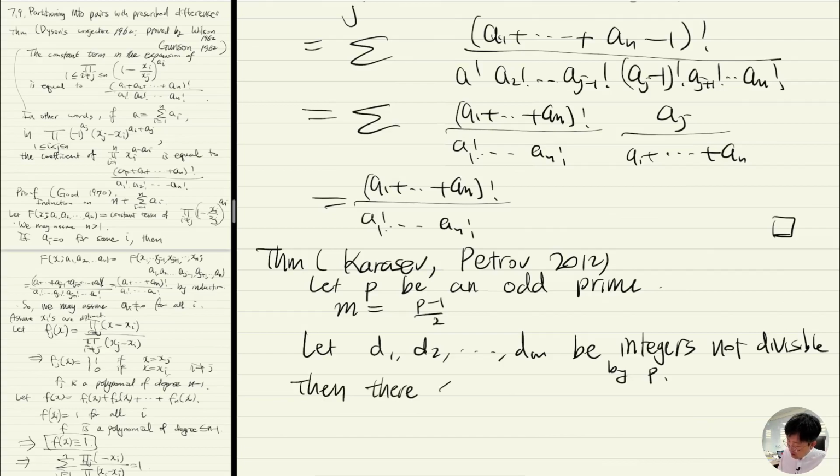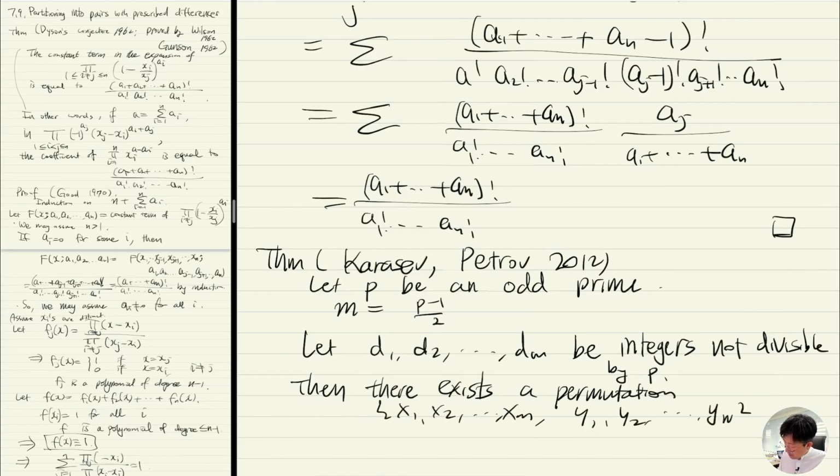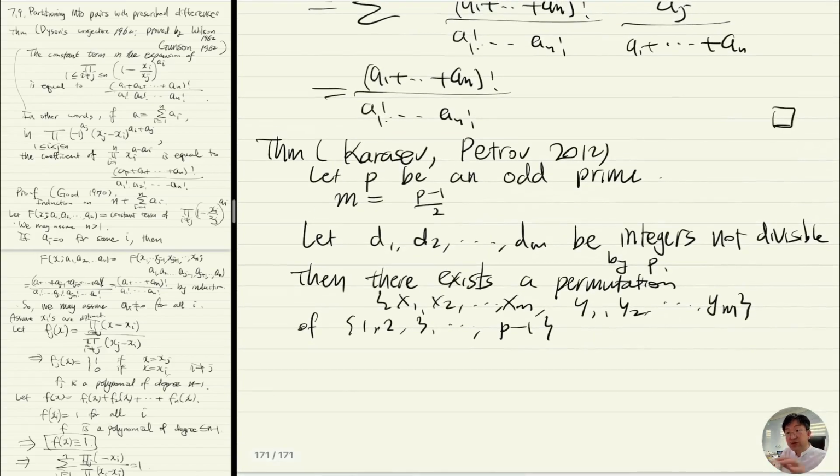Then there exists a permutation x1, x2, up to xm, y1, y2, up to ym of 1, 2, 3 up to p minus 1. So we want to permute these non-zero numbers modulo p such that yi minus xi is equal to di modulo p.